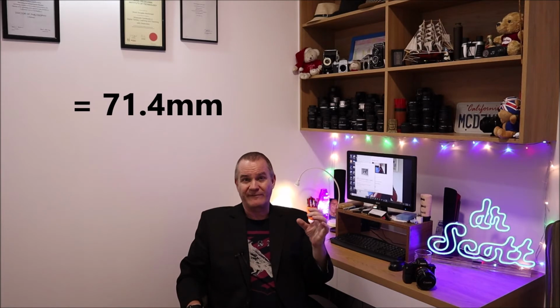So 71.4 millimeters, if you bump that up to centimeters, is 7.1 centimeters, which is fairly big for a lens. Does that really equate to the size of the opening that's within the barrel?